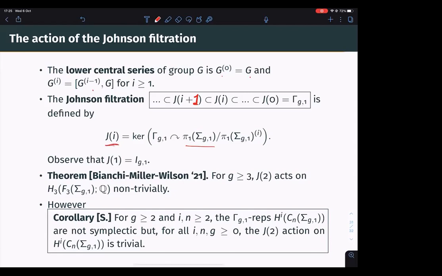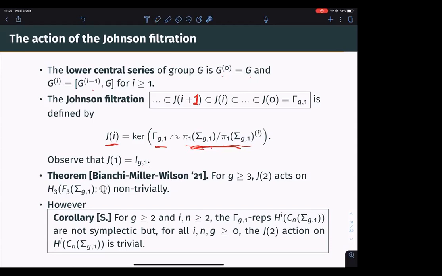So Ji is defined as the kernel of the action of gamma G1 on pi1 quotient by the ith central subgroup. These groups get more and more complicated as i increases, so the kernel of the action gets smaller and smaller, giving a filtration.